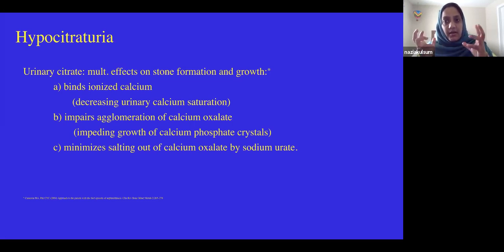It prevents the ionized calciums from binding to each other. Then it also prevents the agglomeration of the calcium oxalate. And lastly, it also helps minimize the sodium urate salting over the calcium oxalate. So different steps of the stone formation are inhibited by the citrate.